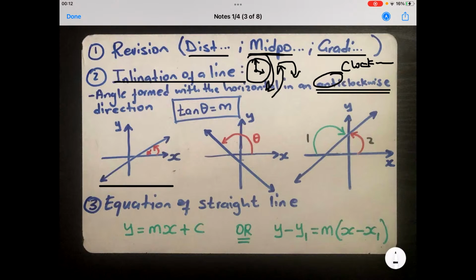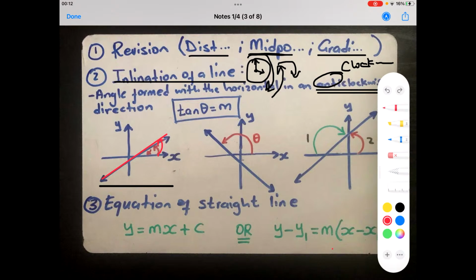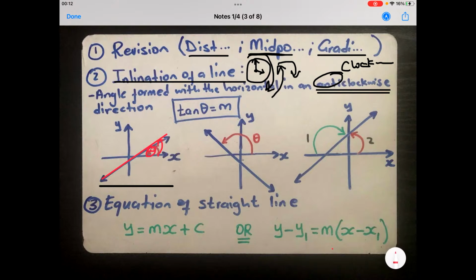Let me refer to that first sketch over there. Can you see we have a Cartesian plane there, and then we've got that straight line forming that angle in that direction. Can you see that angle formed there? It's what we call an angle of inclination. Also, let's have a look at the second sketch there.